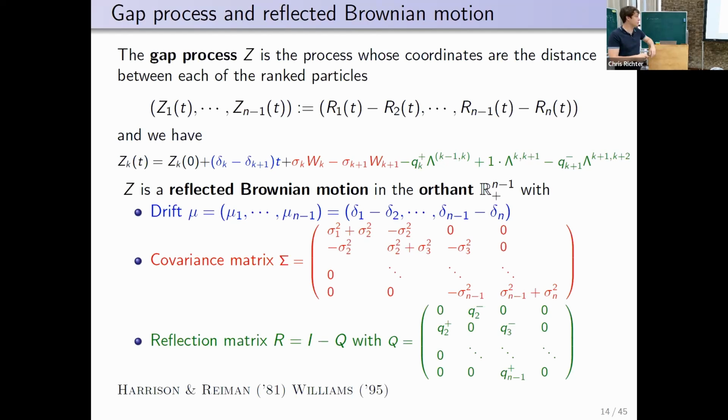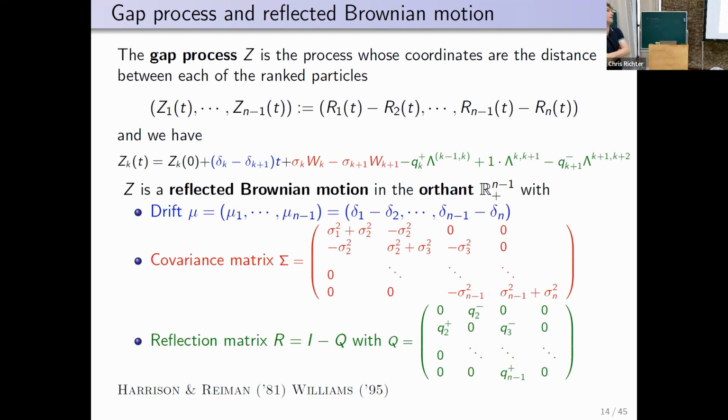It gives you this drift, delta 1 minus delta 2, this covariance matrix, and this reflection matrix, I minus Q, with one on the diagonal and minus Q on the two lines here. And so you get an oblique reflected Brownian motion, which depends on the reflection parameters Q.